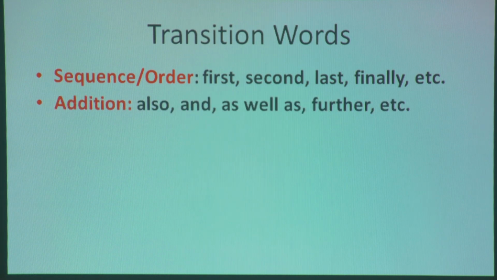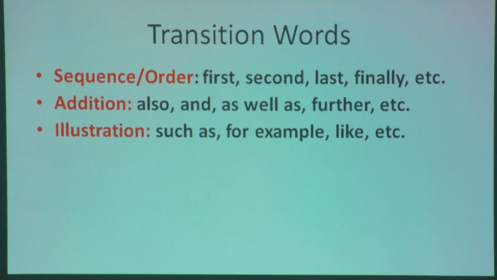Similarly, you see the next type of transition words. We also discussed the transition words used for addition, or to add more information: also, as well as, further, etc. These words are used to give additional information.